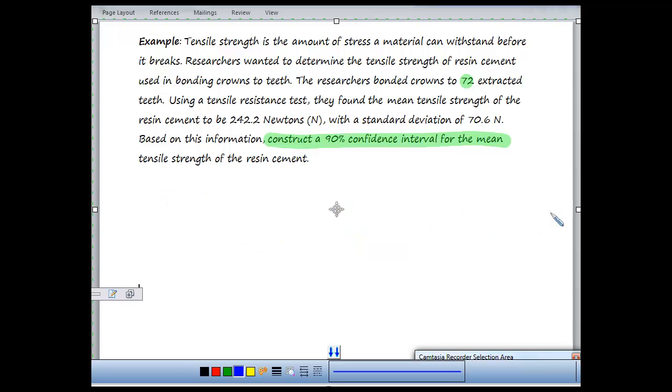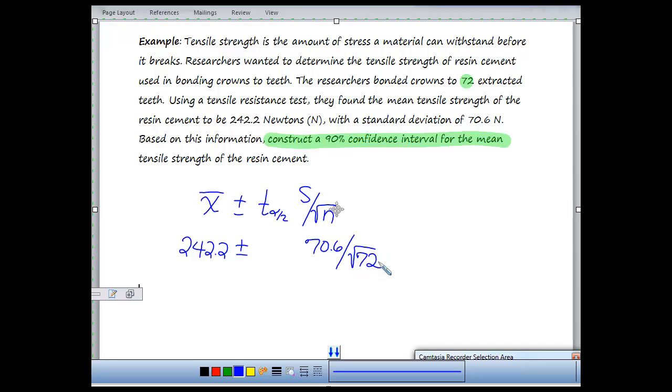Our formula is x bar plus or minus t alpha over 2 times s over the square root of n. x bar in this case is 242.2. We'll come back to t in just a second. Our sample standard deviation is 70.6, and our sample size was 72.